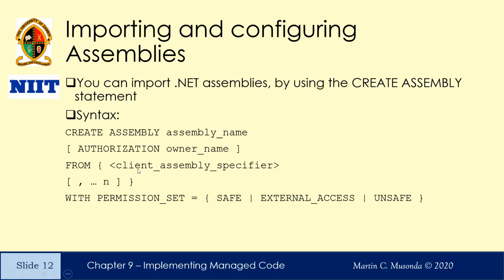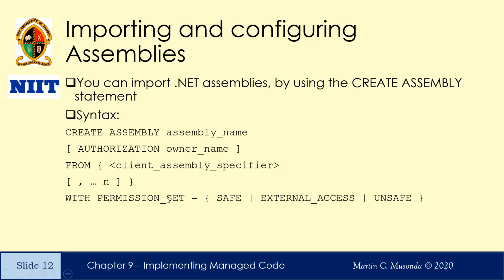FROM client assembly specifier, that's the name of the code that you have written in maybe C# or Visual Basic. And you can have more than one, and that's indicated by that. And here you are setting permissions.